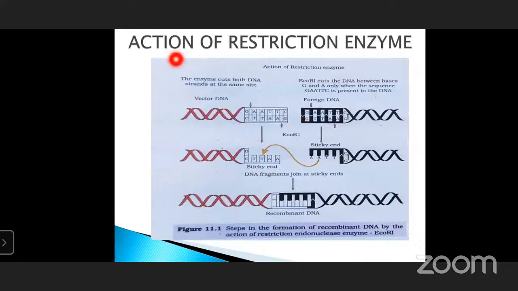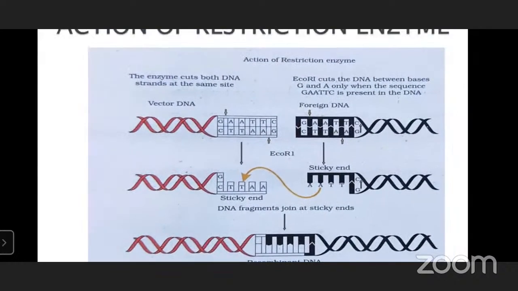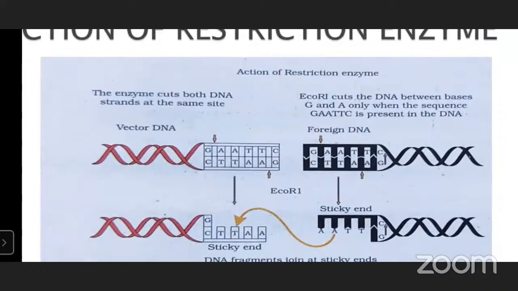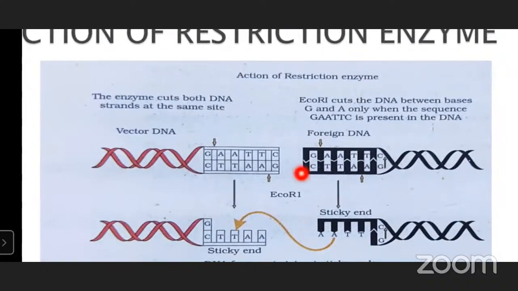So this is the diagrammatic representation of the action of a restriction enzyme. This is the DNA which is present in a particular organism with desirable genes. And this is the vector DNA. A vector carries the foreign DNA from one organism to another organism.